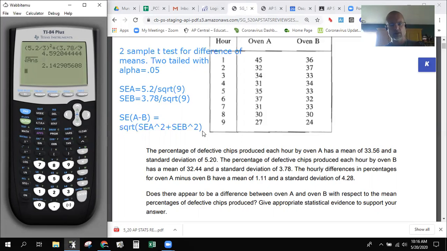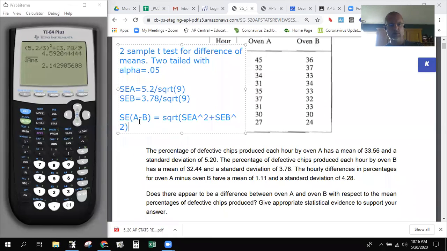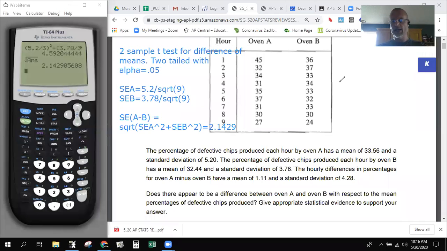2.14. So I'm going to come back over here to my text and say equals 2.1429. Okay, so essentially what we have now, we can't forget what we're doing here. We have set up a distribution of all possible X bar A's minus X bar B's.